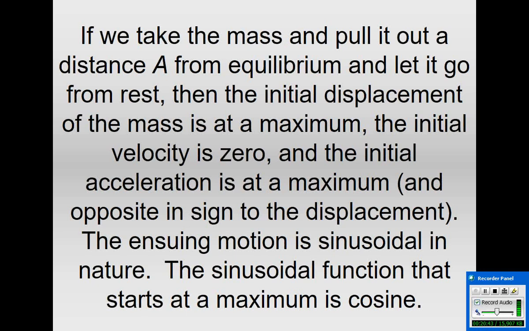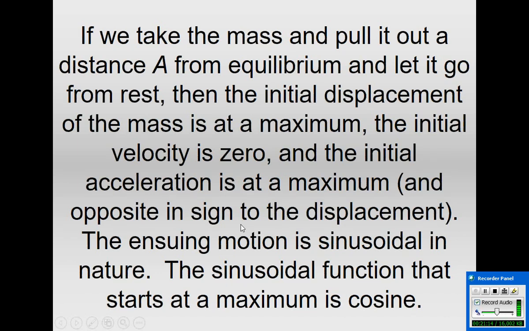In this situation, the motion that we get as a function of time is sinusoidal. We're using the term sinusoidal rather generally, meaning sine or cosine. What we specifically have here is an object with a displacement starting at a maximum. If I have a sinusoidal function that starts at a maximum, I have cosine.